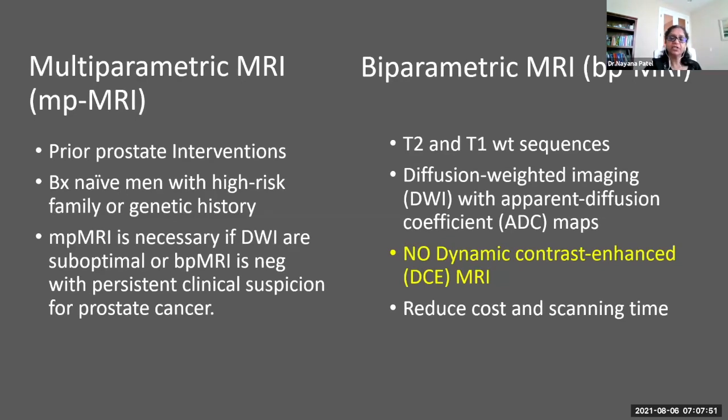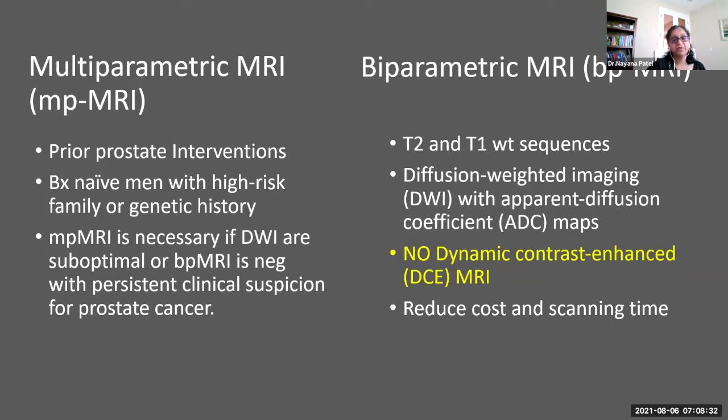A couple of things you should know if you are planning to do biparametric MRI. It is a good option. However, you should consider multiparametric MRI if the patient has had a prior prostate intervention, like ablation or radiation treatment, and you're trying to look at recurrence. Patients who have a high risk history, either because of a high risk family history for prostate cancer or genetic predisposition, should get multiparametric MRI and not biparametric MRI.